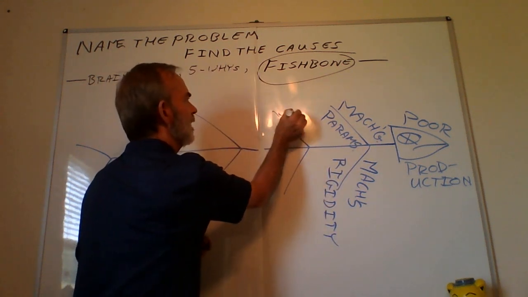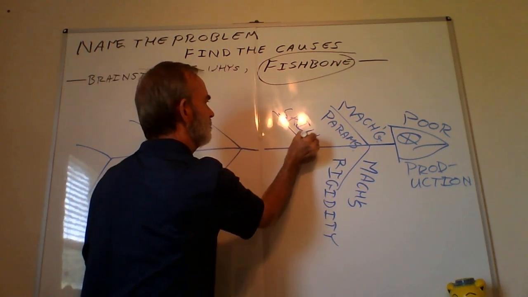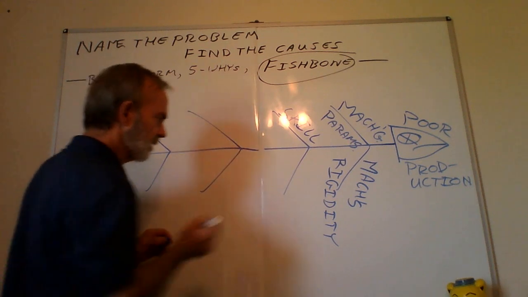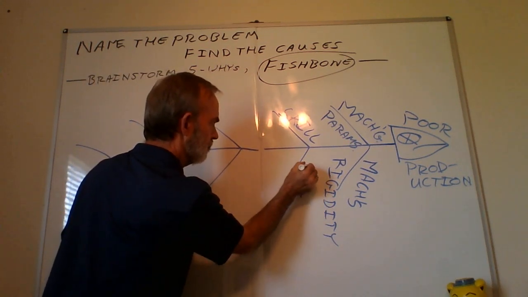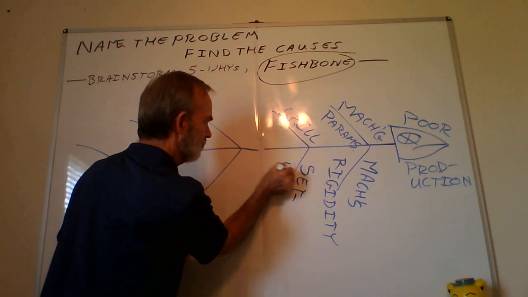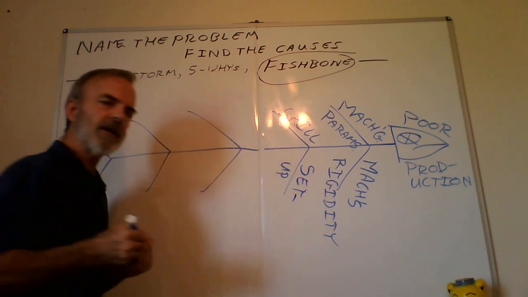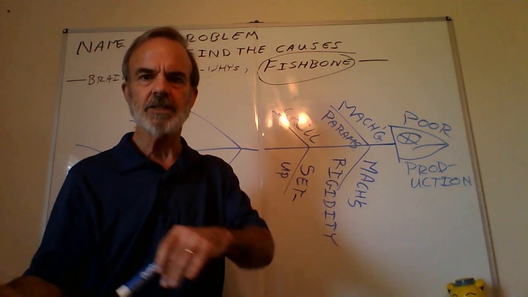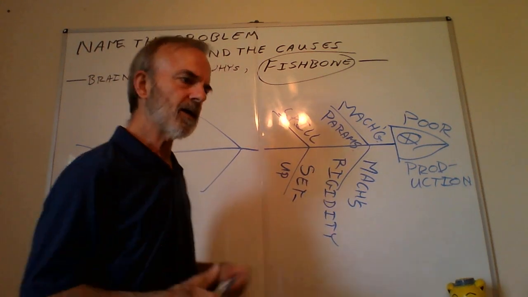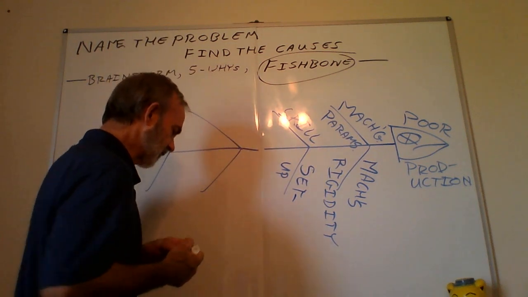Could be your skill level. Could be your, well, let's put down here your setup. That's how you have things, how the machine is set up, where your tool is, your jigs and fixtures, clamps and all these sorts of things here.